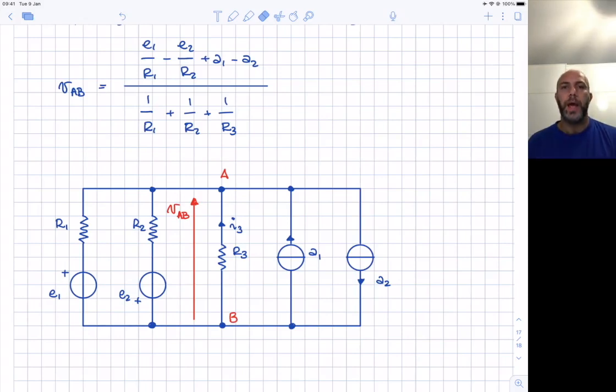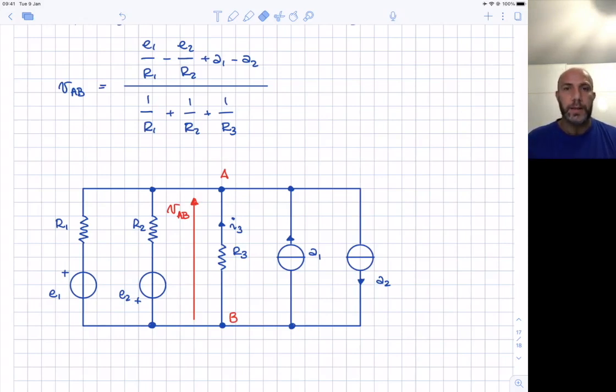At the numerator, we have all terms that have a current as dimension. For the branches where we have a voltage generator in series with a resistor, we have a term that is the voltage of the generator divided by that resistor. And for the current generators, we have the current impressed by these generators.